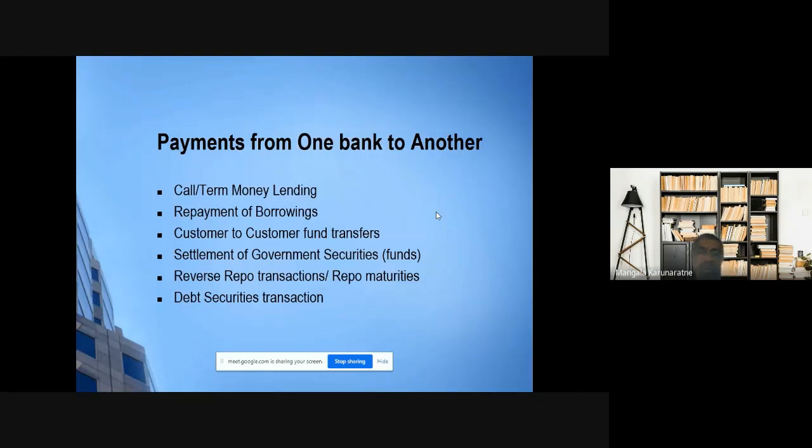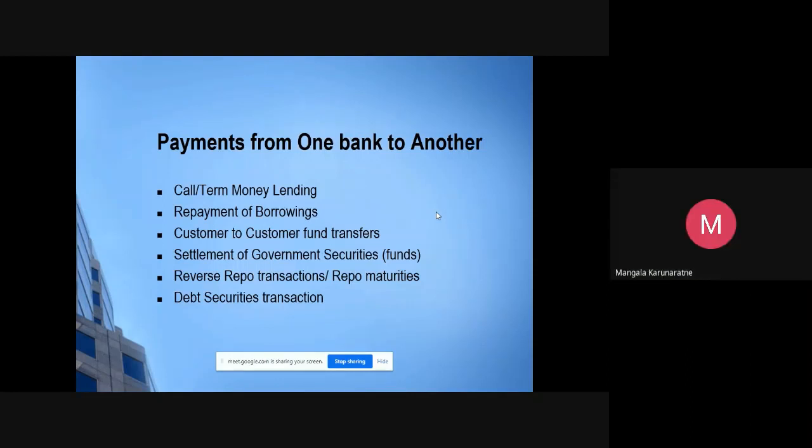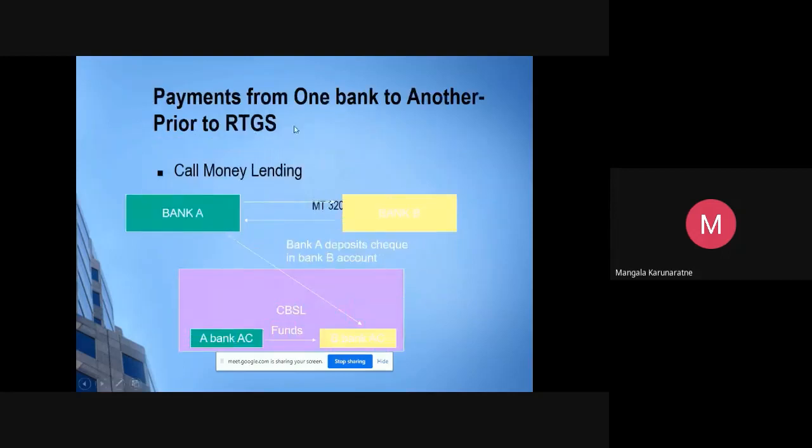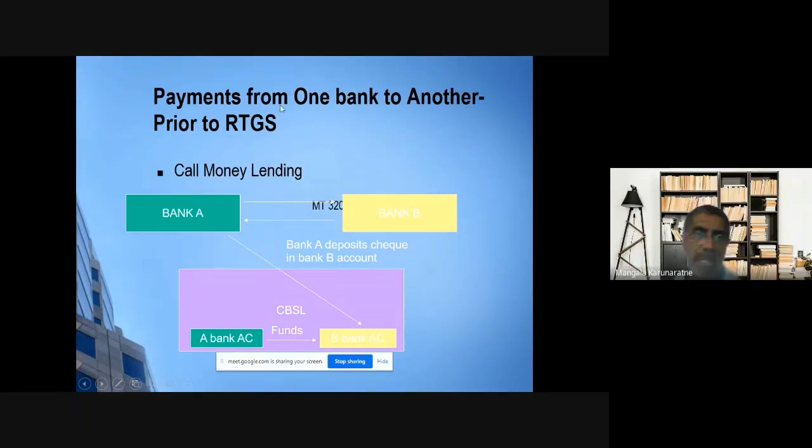So for the payment or for the repayment, right, you have to use these payment and settlement systems, right? So now I have just put a slide to explain payment from one bank to another prior to RTGS, how it was affected.